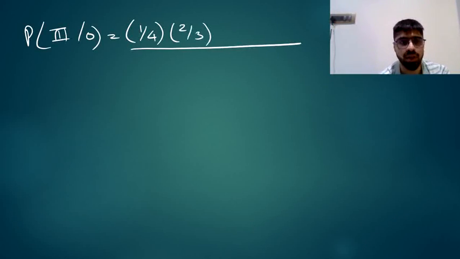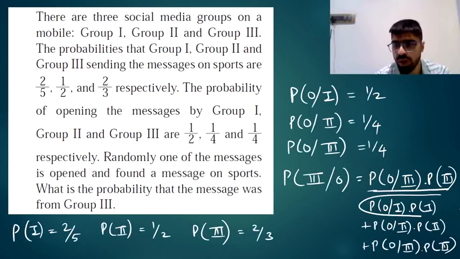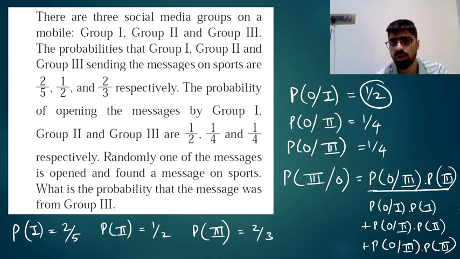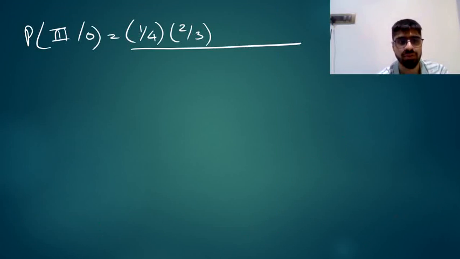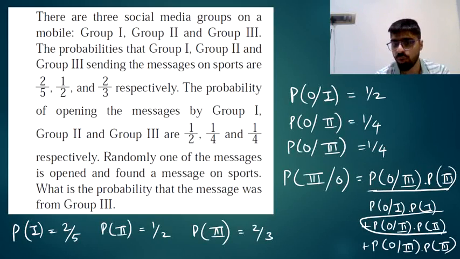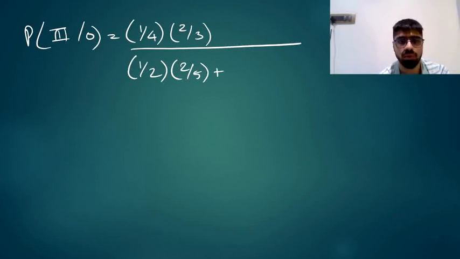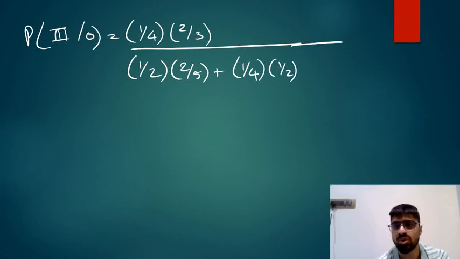Let's look out for other numbers in the denominator. P of O given 1 into P of 1. So 1 by 2 into 2 by 5. Plus P of O given 2 into P of 2. So 1 by 4 into 1 by 2. And the last number is very much what you have in the numerator. That's 1 by 4 into 2 by 3.